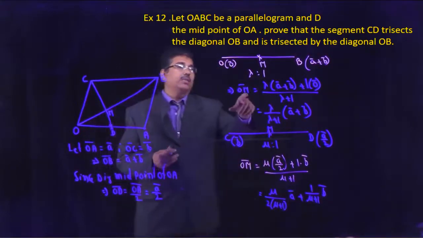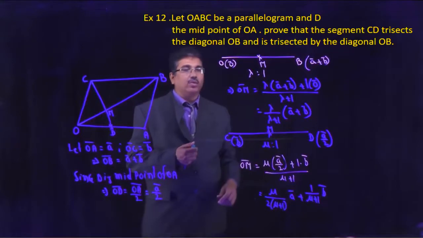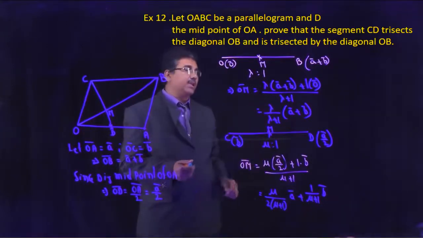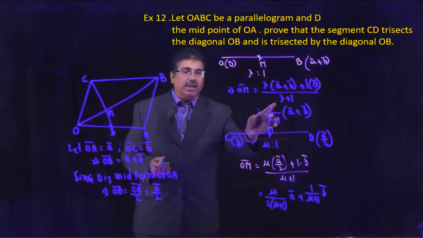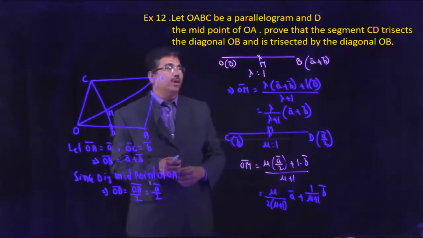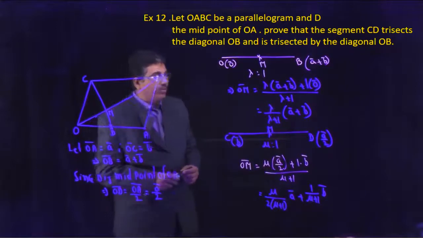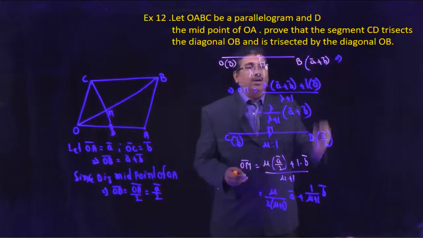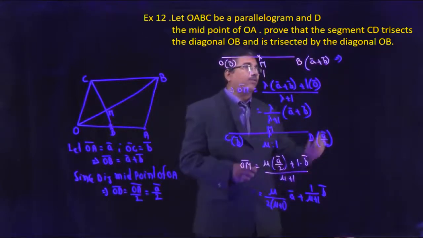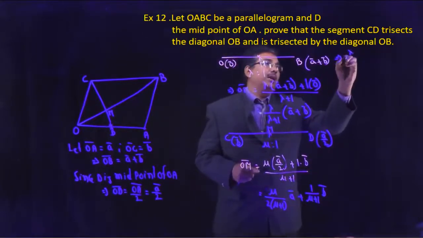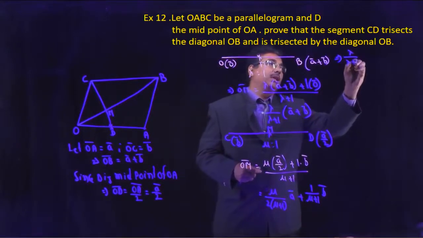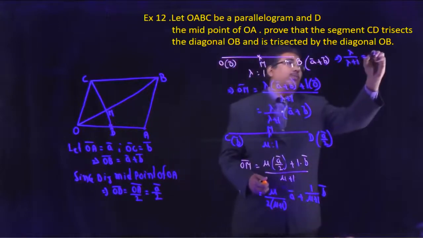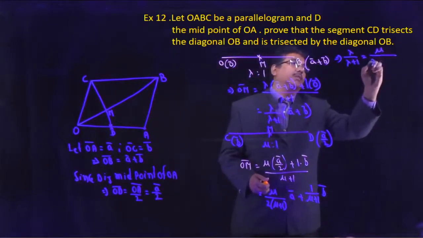Now this is OM bar, this is also OM bar, equating the corresponding coefficients. That implies the coefficient of A bar, lambda by lambda plus 1, is equal to the coefficient of A bar, mu by 2 times mu plus 1.